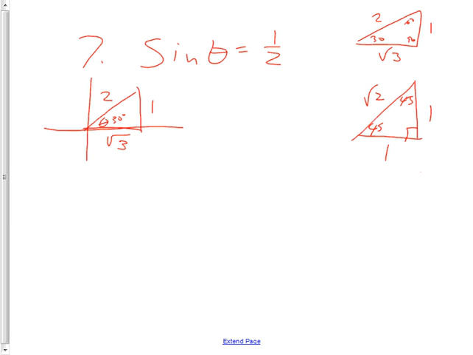If they multiply them all by root 2, it turns into root 2, and this is root 2 times root 2, which would be root 4, which is 2. So there's another common triangle you got to know, okay? The list of things you better study the night before.